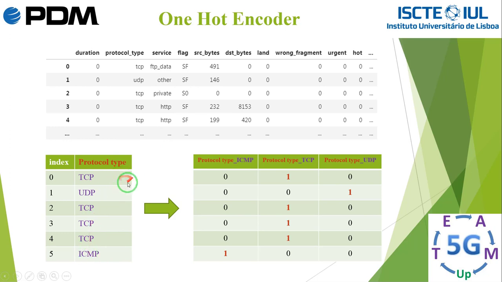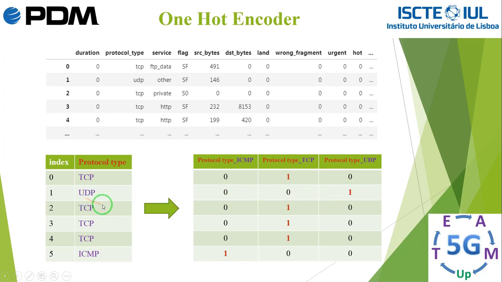And when we convert these samples, only the protocol type feature, into numerical, you can see here that where the value is TCP, we put 1 for TCP and 0 for the rest. And here it is equal to UDP, and we put 1 for UDP and 0 for the rest.